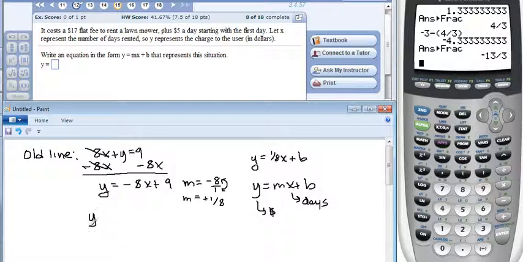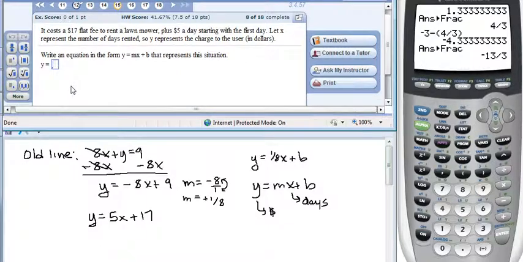I know that I have $5 a day, so however many days I have, I'm charged $5. And then my y-intercept, or my flat fee, I have to add on $17 just to rent it. So here's my equation. That looks good. We've got 5x plus 17.